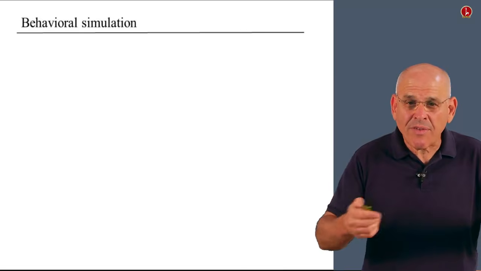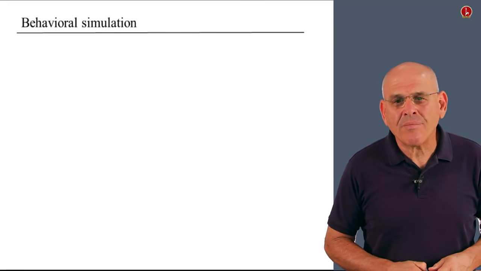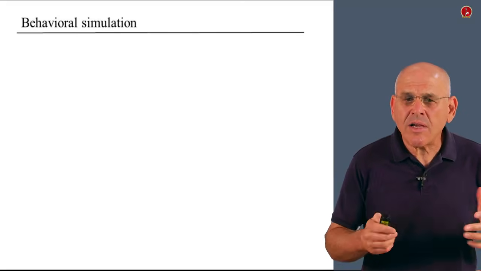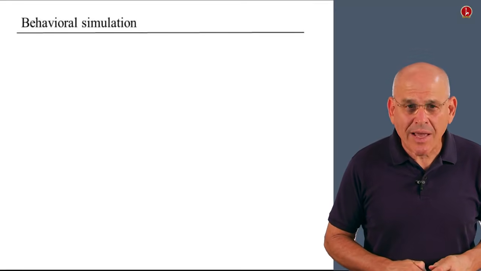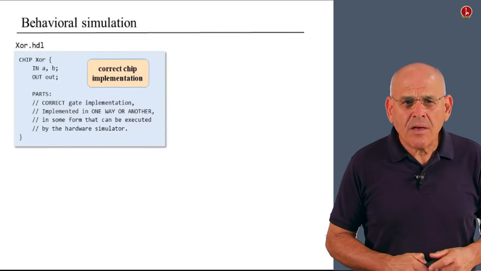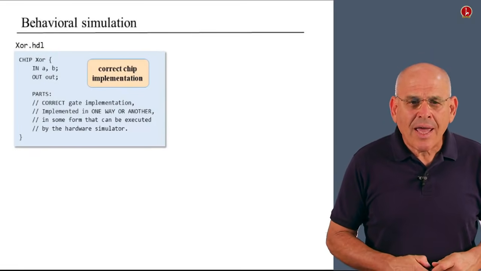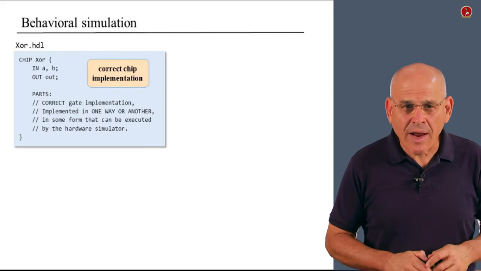Well, we could have left it as a mystery, but there's no need to leave anything unexplained. So here's how we do it. We do it using something called behavioral simulation. In particular, consider this XOR gate that we saw before, and let us assume once again that this implementation is correct.